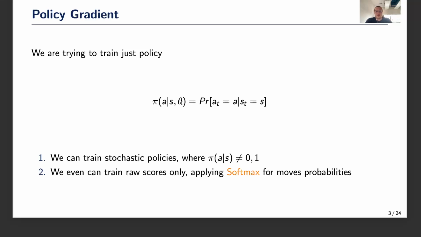So if the policy is always deterministic and starts out suboptimal, which it probably will, it may never discover a better action. Second, and this is more technical, we want to be able to compute gradients of the expected reward with respect to the policy parameters. And that turns out to be a lot more straightforward when the policy is stochastic.